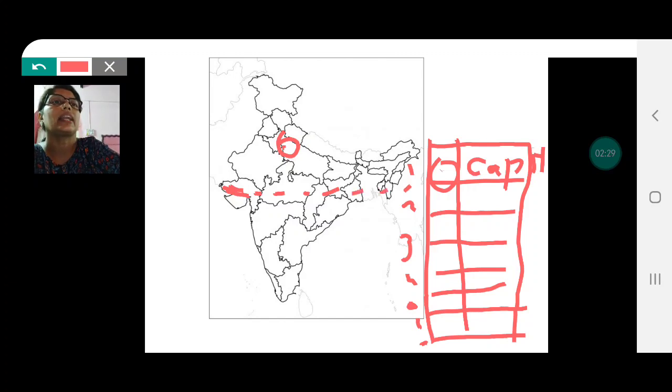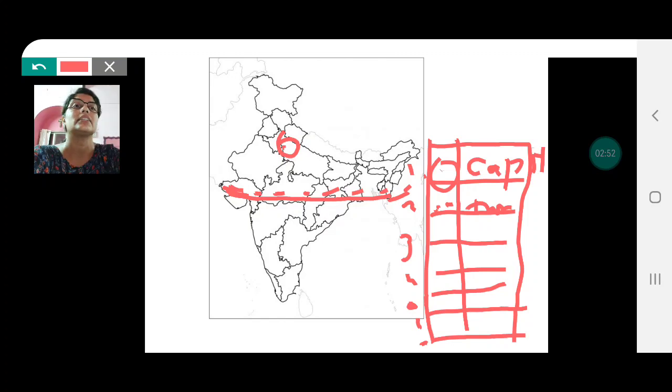I'm not taking it as a straight line. And since I showed it with dotted lines, my index will also show dotted lines. And here I will write Tropic of Cancer. If you want, I'll just join it now for the time being, so it gives you a better picture. It's not a straight line, it is a curve.